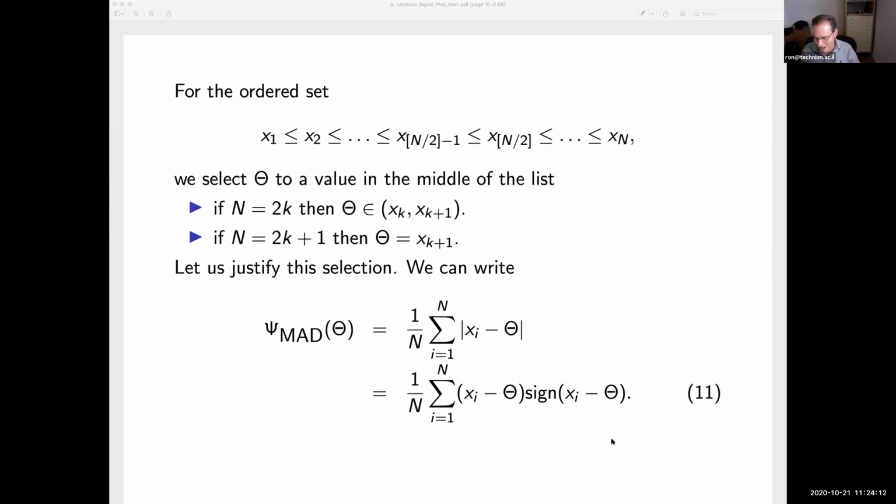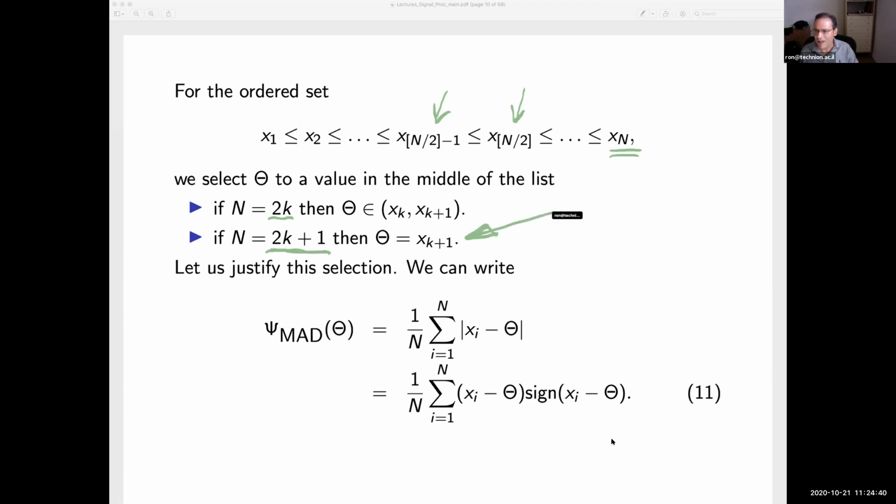And now assume that somebody is giving us the points in an ordered fashion. So x1 is smaller or equal to x2, etc. And I have 2 points in the middle. Now the question is, what happens when capital N, the number of numbers that I have, is an even number, or what happens when it's an odd number? When it's an odd number, the answer is trivial. What I do is I pick the point in the center.